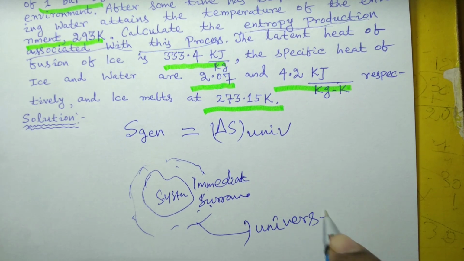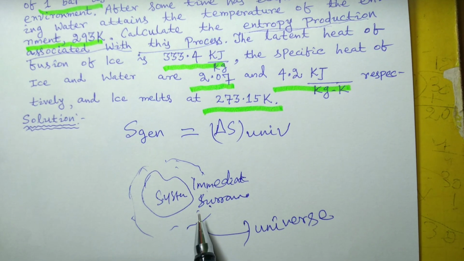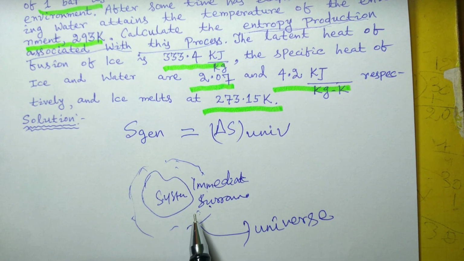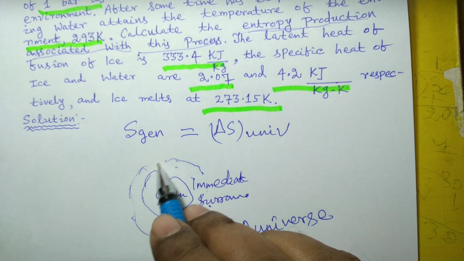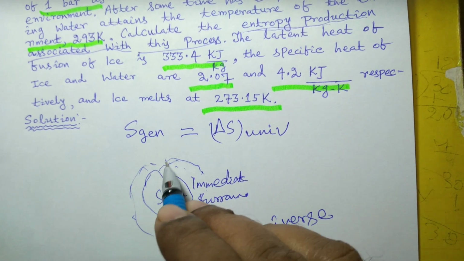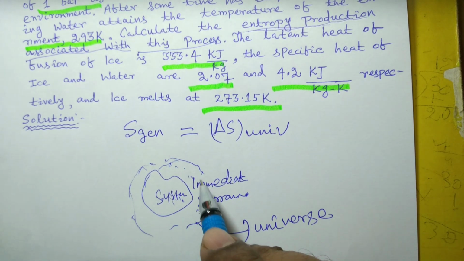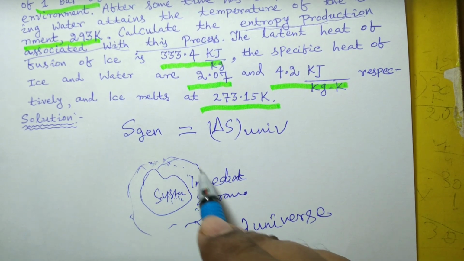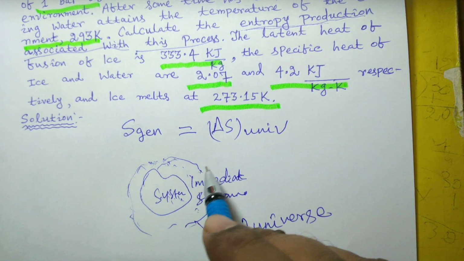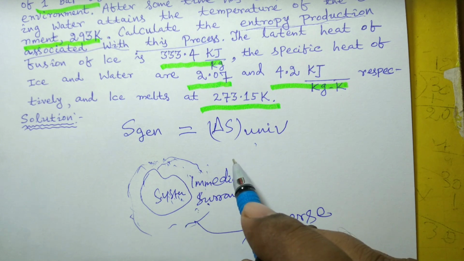This is your universe, and this universe can be considered as a composite system, and which is isolated, because every component of this process, whatever happens, is the ice melts by absorbing heat from outside, and no interaction takes place insofar as this composite system is considered with its surrounding.